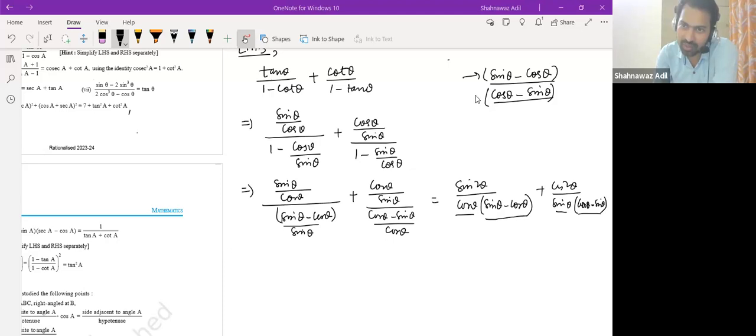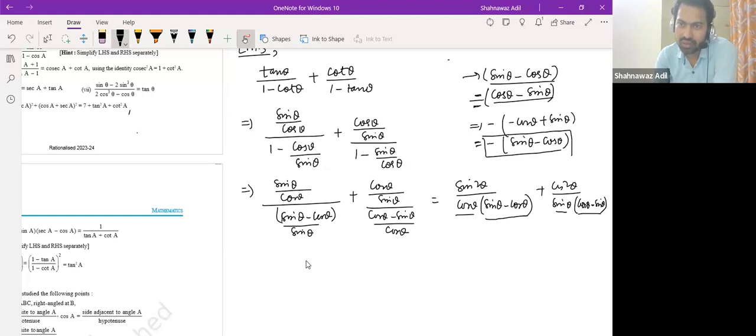If I multiply this by minus, divide by minus, this minus goes inside and this becomes minus cos theta plus sine theta. So this is minus of sine theta minus cos theta.